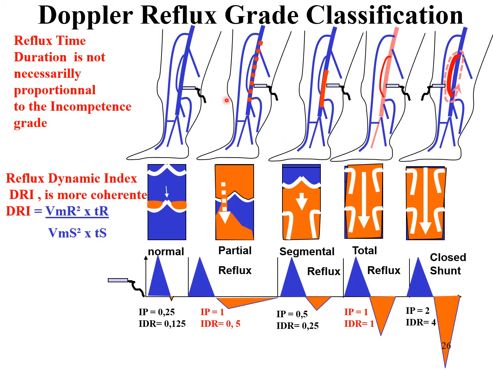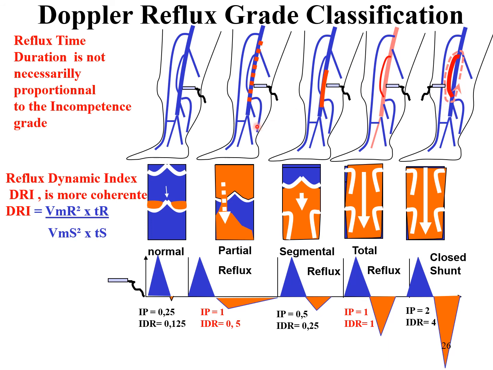Here, for example, we have various incompetence. Here, normal. Here, total, partial incompetent valves. Here, just a segment incompetent, and here all the incompetent veins of the deep system, and here just one incompetent, a collateral.